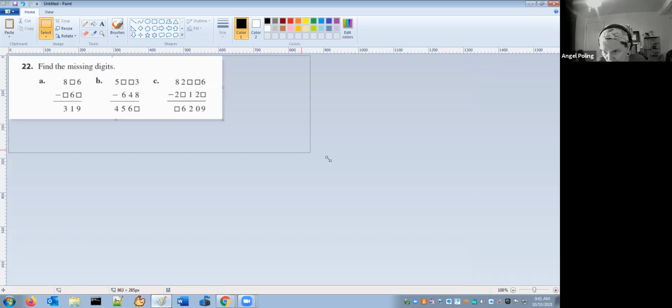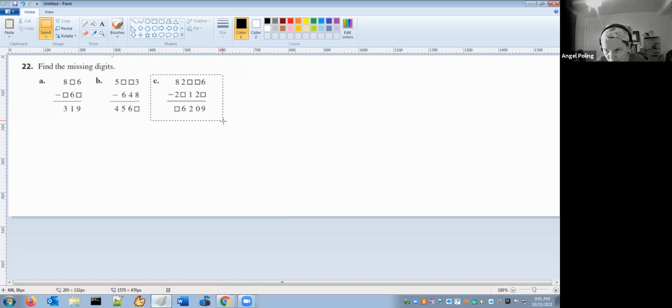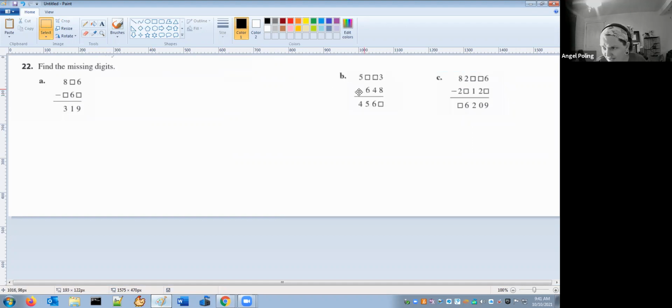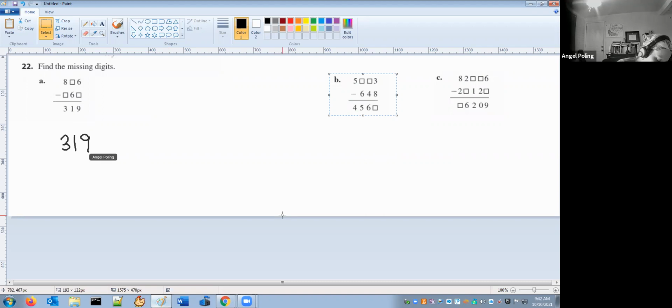Let's see. So here, these are all base 10 numbers. I'm going to spread them out a little. So looking at A, we have to have the result of a 9 when we take this away, right? One thing that you might use to your advantage is that the difference plus your subtrahend equals your other number.